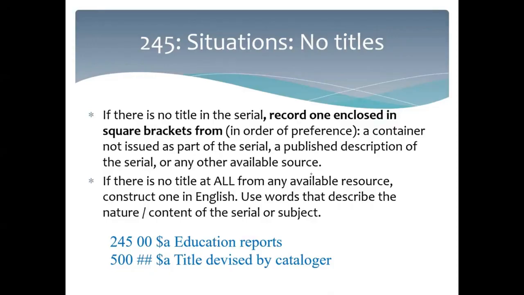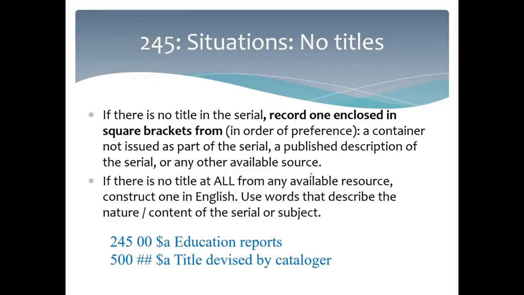If there's no title at all from any available resource, and I think this occurs most if you have something that's an independent press, or maybe something that's missing. I've cataloged stuff where things are missing, like the title page and the last page and all kinds of stuff. Anyway, you're missing information, or maybe it's something really old, so they just didn't give it a title.